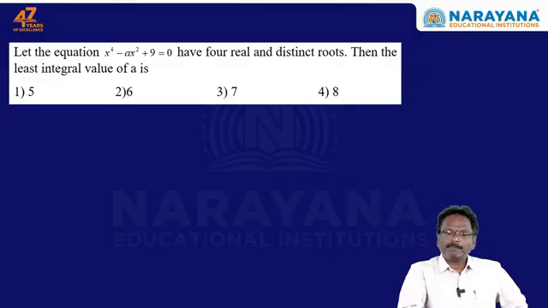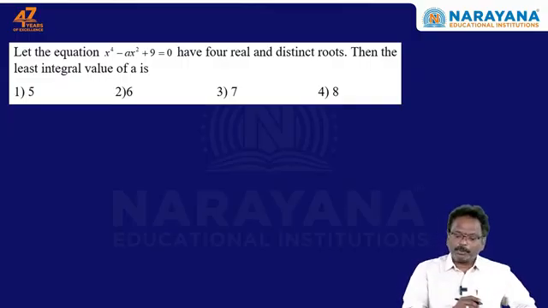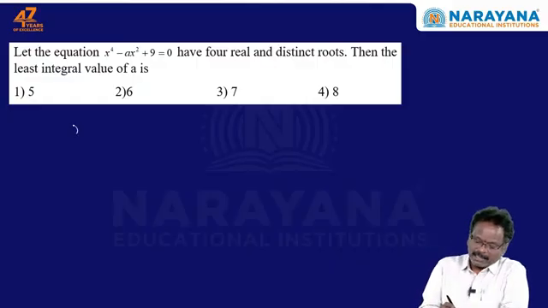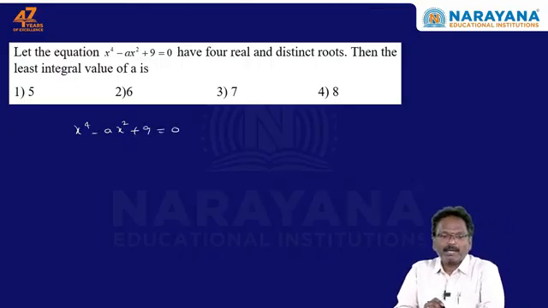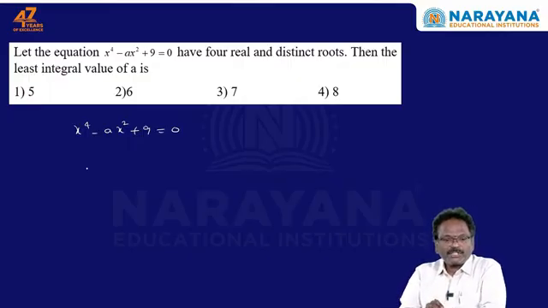This is from expressions and equations. You observe this equation, clearly this is a fourth degree equation. We require the a value. To calculate the a value, what condition is given here? The equation has 4 real and distinct roots.